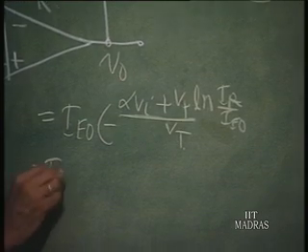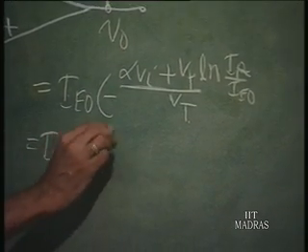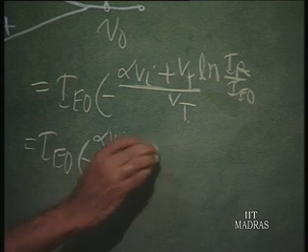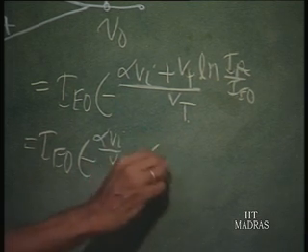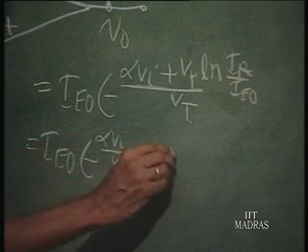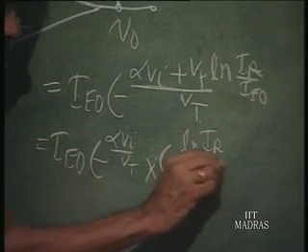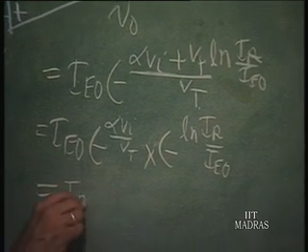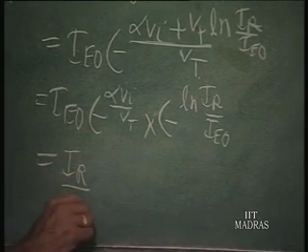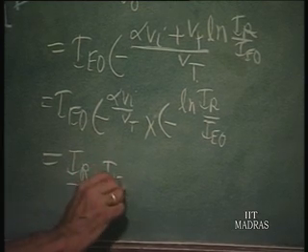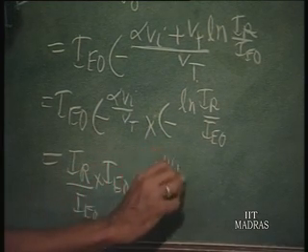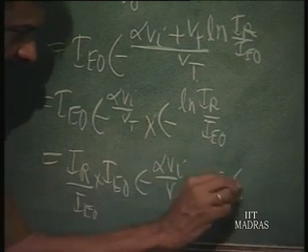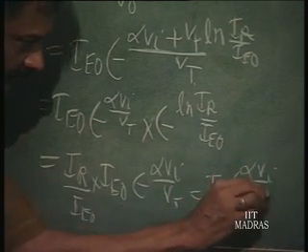So, this is IE naught exponent alpha Vi by Vt, into exponent Vt by Vt gets cancelled, log IR by IE naught, which is equal to IR by IE naught into IE naught exponent alpha Vi by Vt, which is equal to IR exponent alpha Vi by Vt.